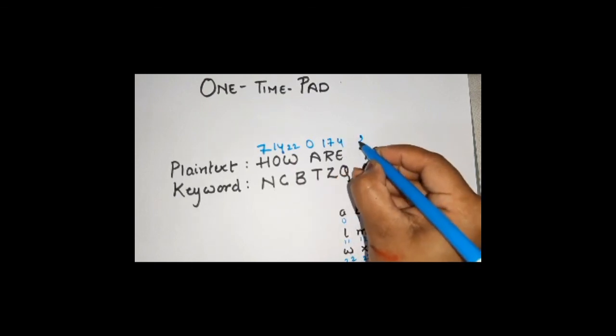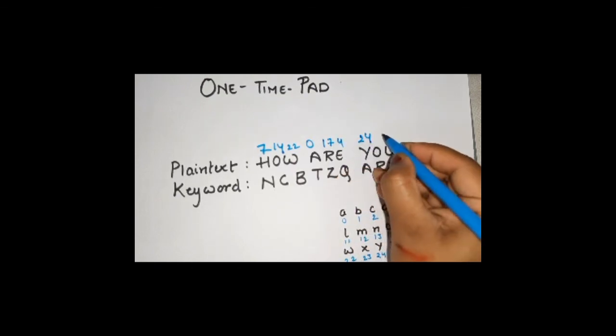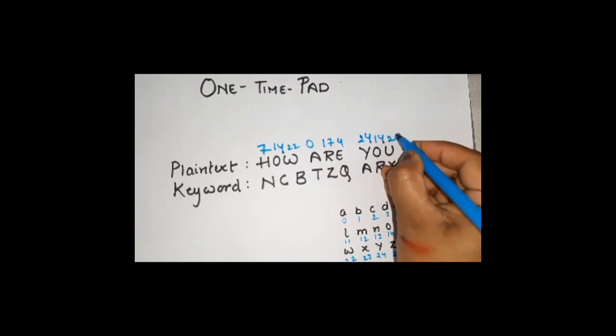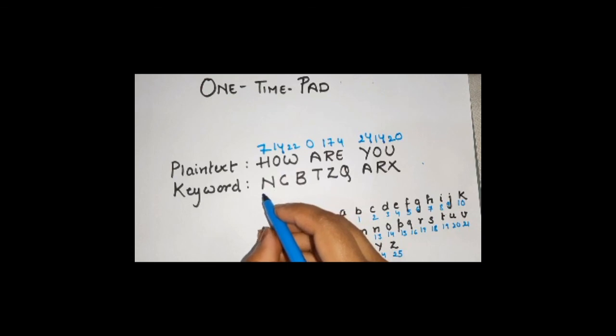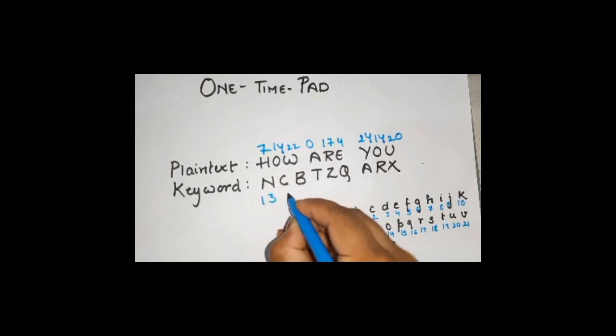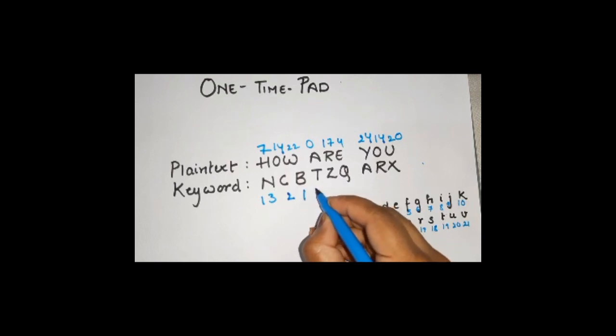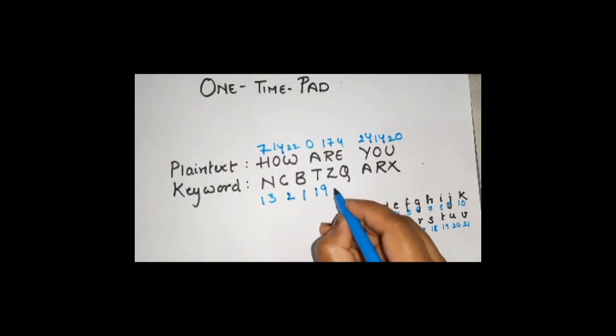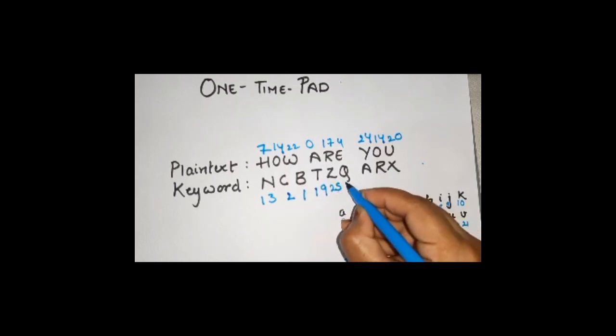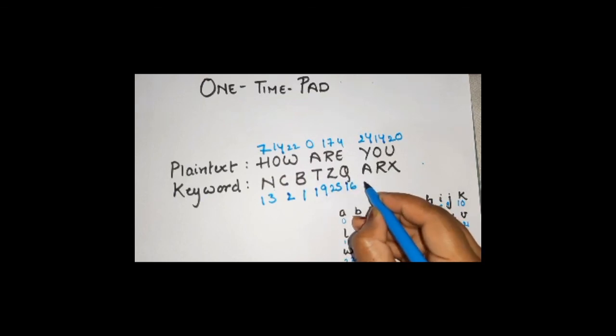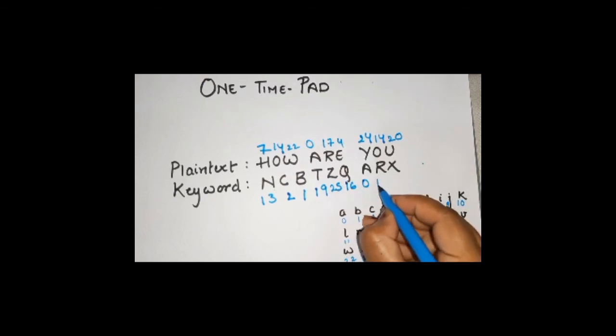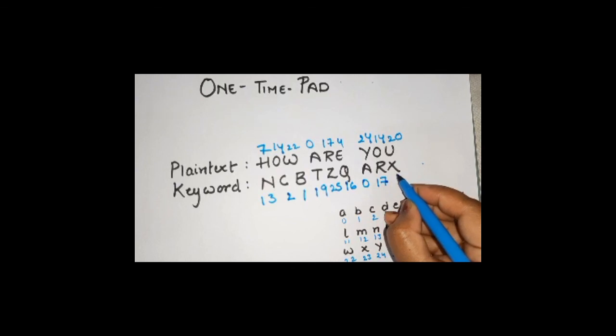Y is for 24. O is for 14 and U is for 20. Similarly, NCB also 13. C is for 2. B is for 1. T is for 19. Z is for 25. No issues. Q is for 16. A is for 0. R is for 17. And X is for 23.